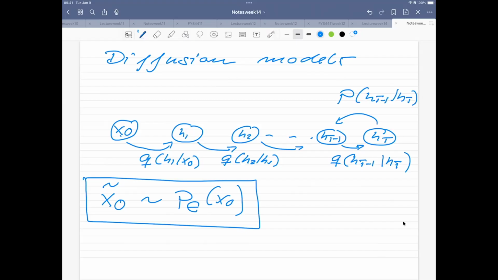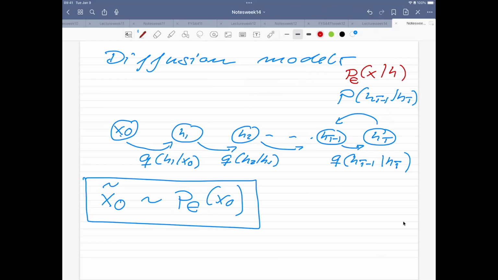So if you think back to the variational autoencoder, what we had was just a P of X given H, which we used in the reconstruction. And that was the term which we optimized by the expectation value. In addition, we had this Kullback-Leibler divergence.